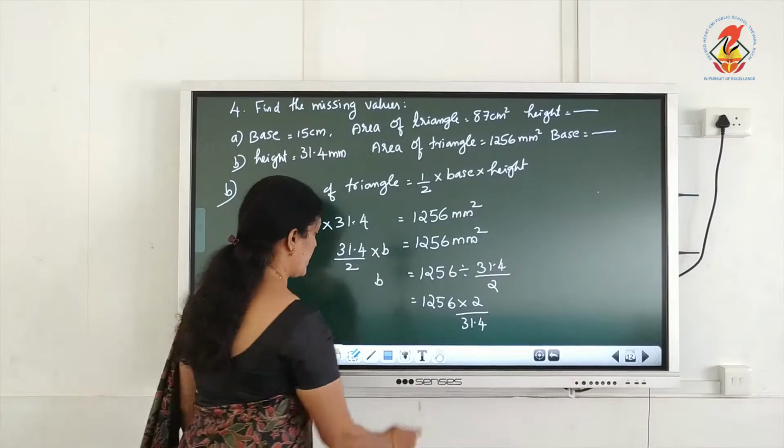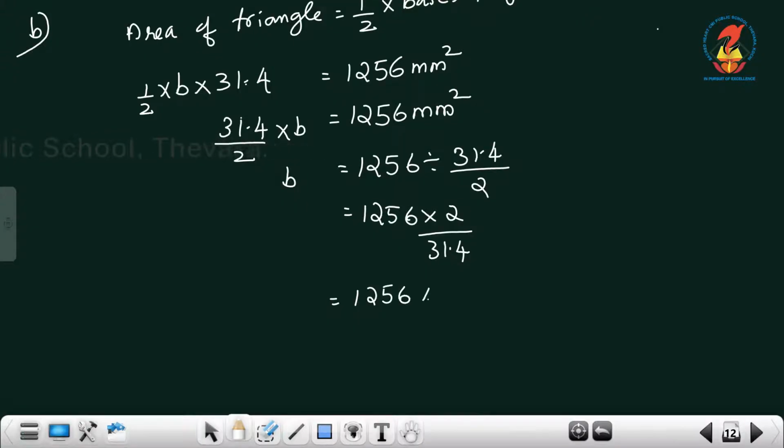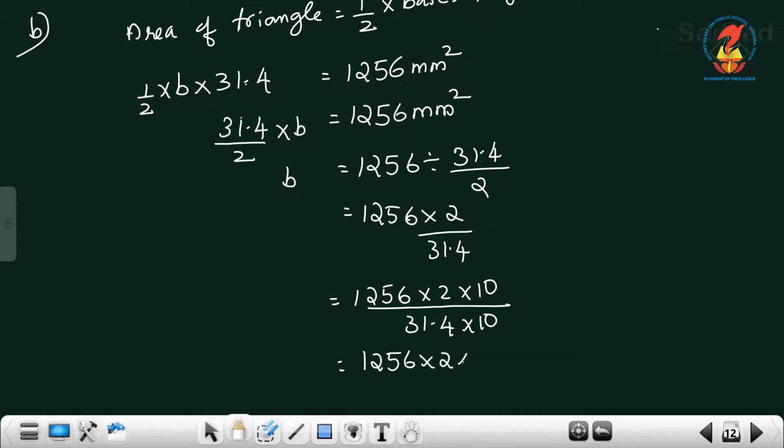Okay, then this becomes what? 1256 into 2 into 10 divided by 31.4 into 10. That is equal to 1256 into 2 into 10 divided by 314.